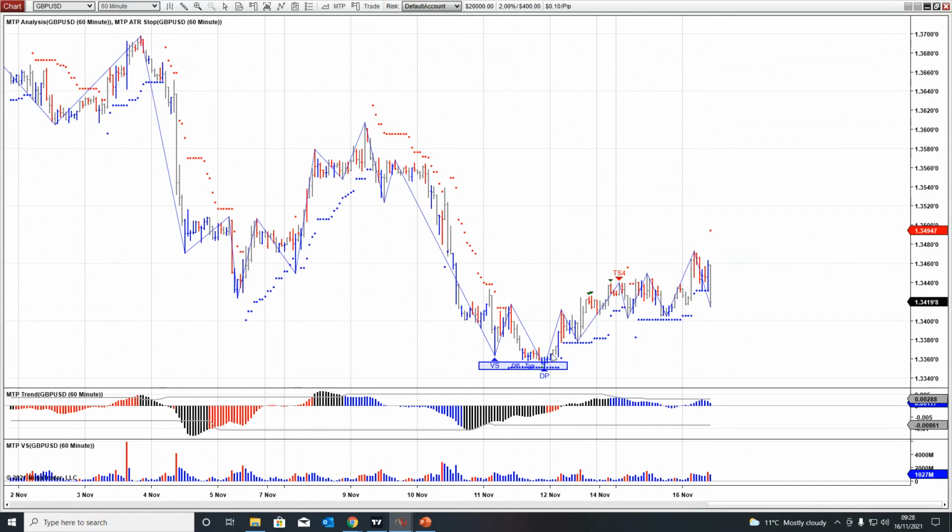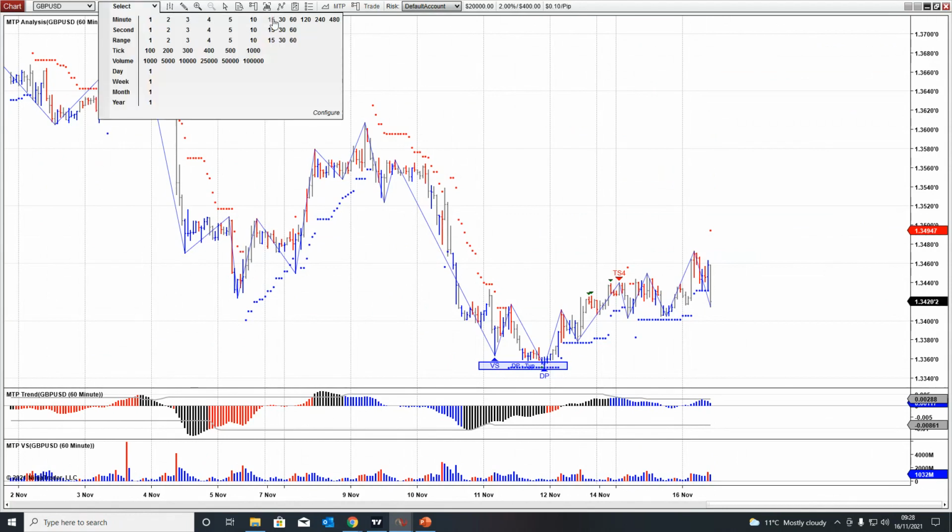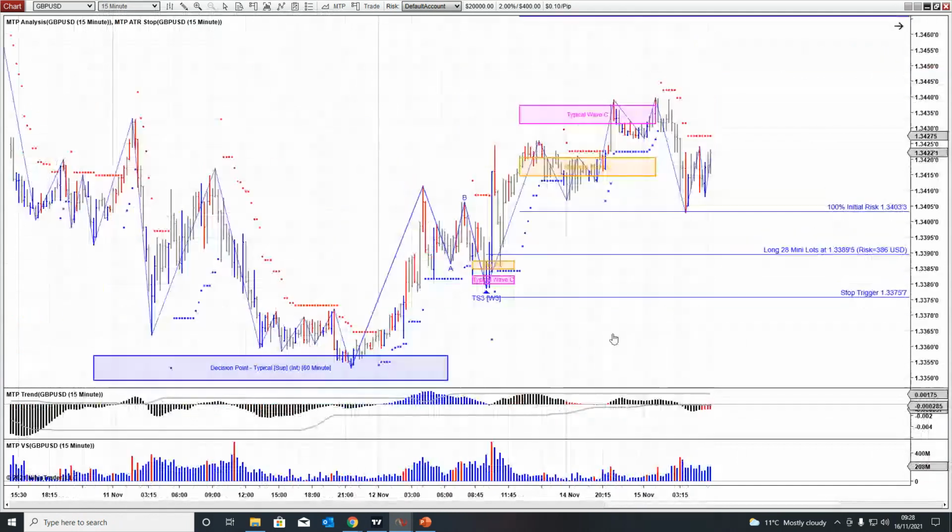In other words, you won't get a clear, clean picture of your higher time frame support and resistance zones. And when there isn't a clear picture, just stand aside, just don't do anything. And have the patience and discipline to wait until the picture's clear.